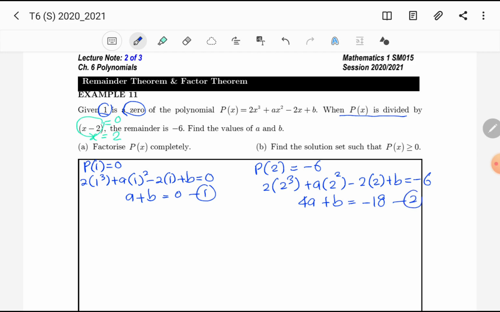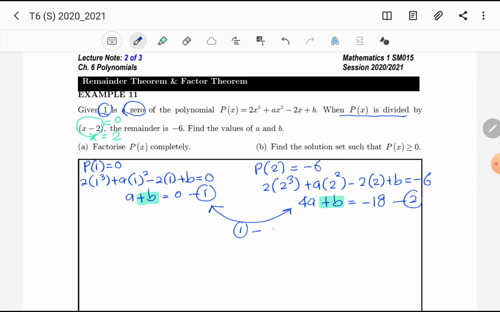Our second equation. Okay, kita dah ada dua equation. So yang macam saya cakap tadilah, nak solve, kita boleh pilih sama ada nak substitute ataupun nak eliminate. Okay, tapi here saya nampak ada positif B and positif B.